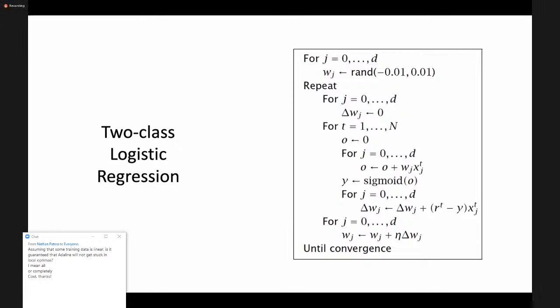It's a starting point. Then we get to that inner for loop where we're looping over all of the dimensions. It's simply doing that weighted sum. Then we take the result and pass it through the sigmoid function. Well, what sigmoid function? The logistic function, 1 over 1 plus e to the minus x. We now have an output for our model, and we again loop over all of the dimensions for this example.